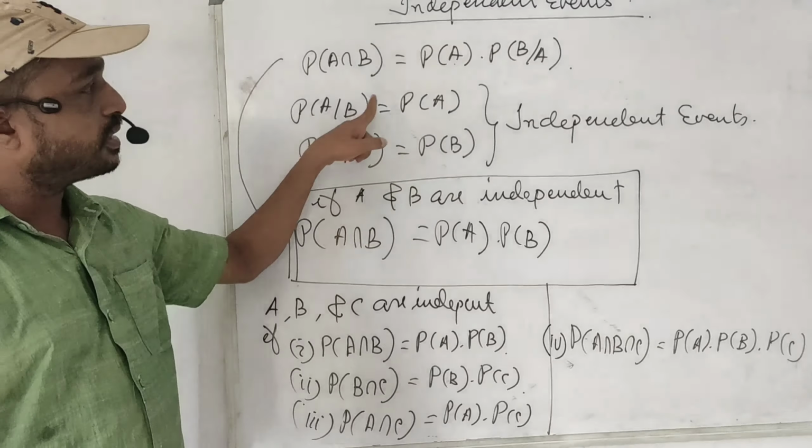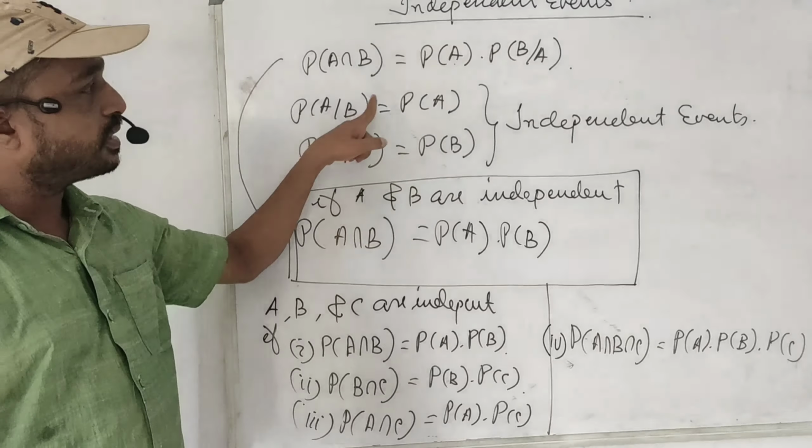If A and B are independent, we know that P of A intersection B will be P of A into P of B. So what is P of A here? It is the probability of drawing an ace card. In a total of 52 cards, how many ace cards are there? 4 ace cards are there. Then P of A, the probability of drawing an ace card, is 4 by 52.